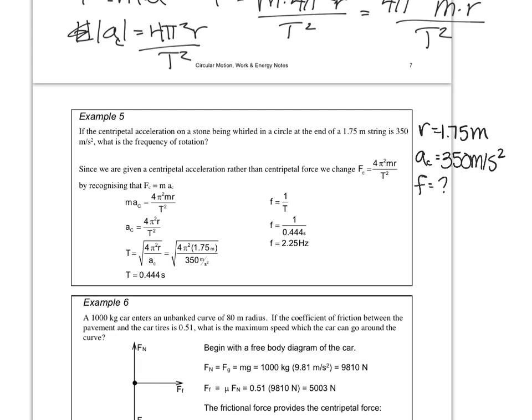So what I did is we can use this formula in our formula sheet of ac, and we're going to solve for T squared. Again, because if I can find T, I can quickly find f using this formula, slightly rearranged from our formula sheet. So going backwards, finding the period of rotation, T equals 0.444 seconds. Putting that into our frequency calculation, we get 2.25 hertz.